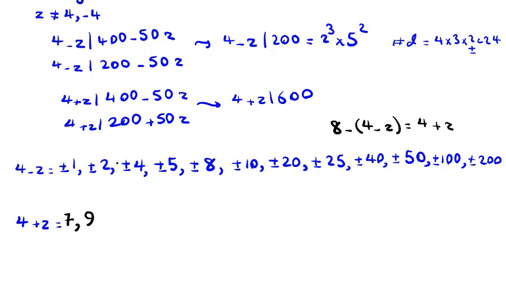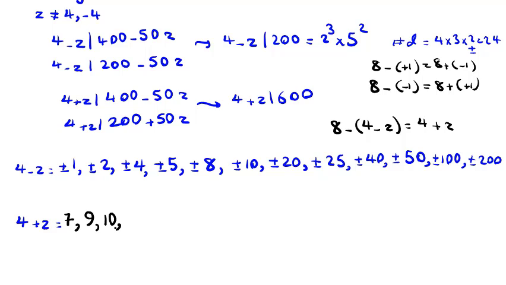Because we have plus minus for each number, we can say we consider 8 plus minus these numbers. So we add 8 to each of them.